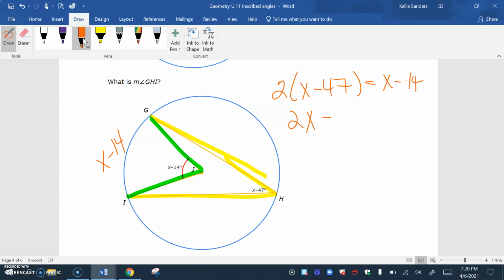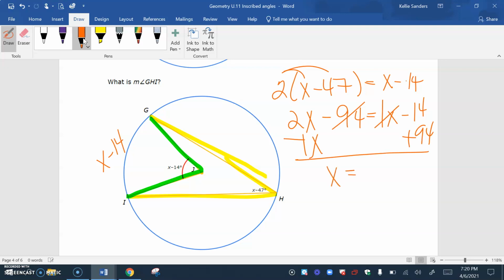So 2x minus 94 equals 1x minus 14. Add the 94 and subtract the 1x. X equals 80. GHI. So we're looking for this one. So 80 minus 47 is 33.